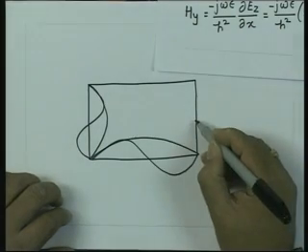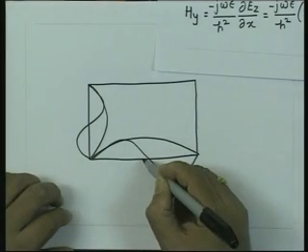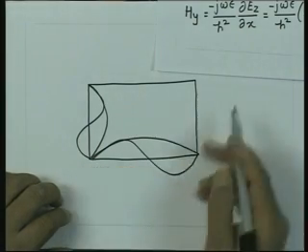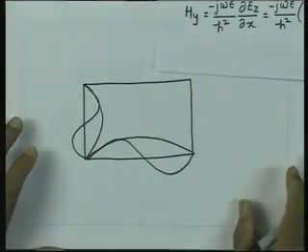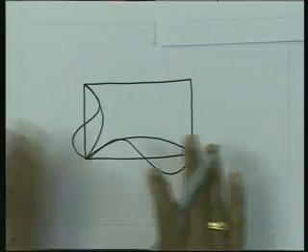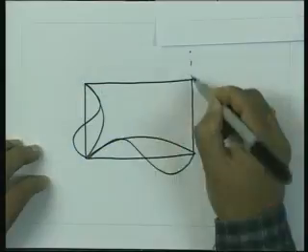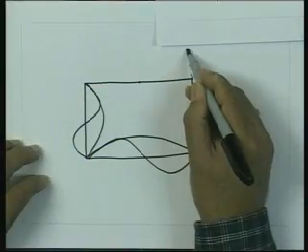That means it is maximum here, 0 here, and another maximum here. Again it is half cycle, but it is not 0 here, or in other words it is shifted by a quarter cycle in space with respect to the Ez component.